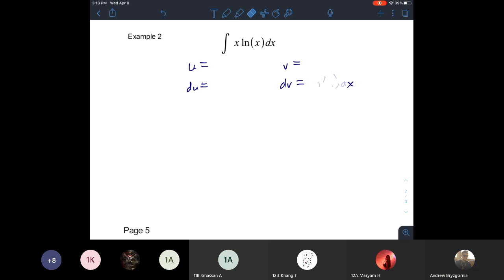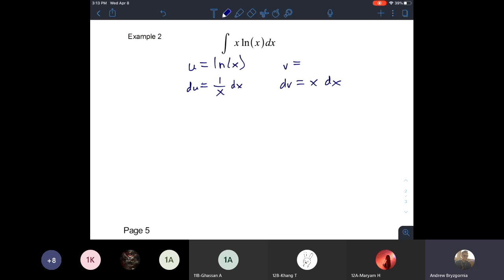Instead, it may seem counterintuitive, but we're actually going to let dv be equal to x dx, and u is going to be natural log of x. And I think some of you might be thinking as well, the issue with this is that I told you that you were supposed to have a finite number of derivatives. Like Miriam said, we're going to get 1 over x.